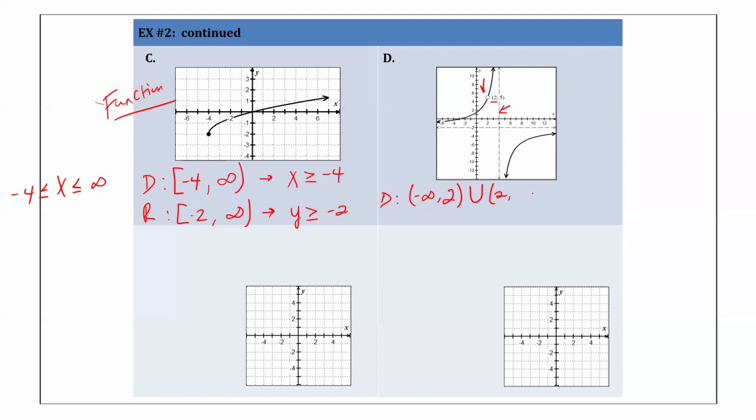Okay. So there's an asymptote in my graph. That asymptote happens at what x value? 4. So I have to stop. Then I'm going to resume. And now I keep going. Is there any more things stopping my x's? No. So it continues to infinity. That is the complete situation of your journey, starting from left to right.